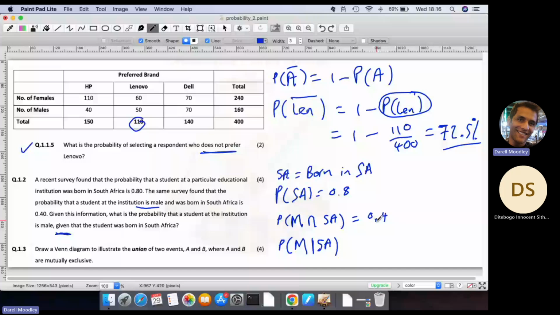And we have these probabilities. They're given to us. The value for the numerator is 0.4. The value for the denominator, probability of SA, is also given to us, 0.8. And if you work this out and convert it to a percent, the answer is 50%.